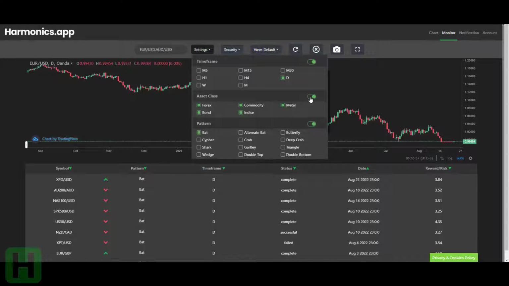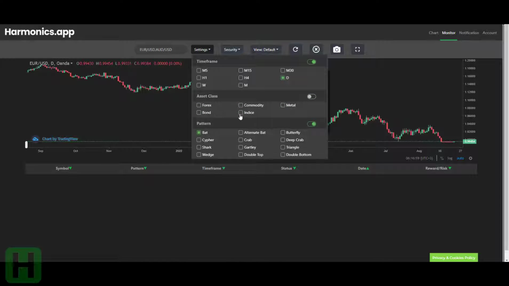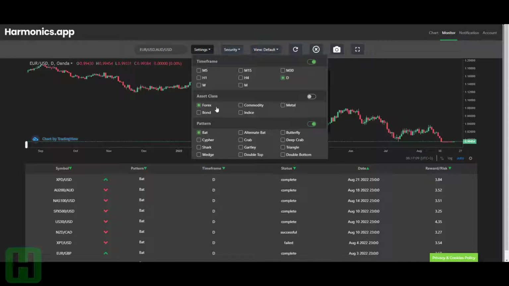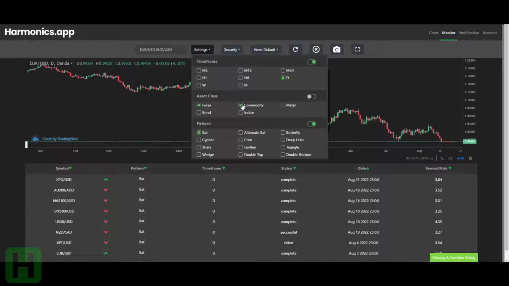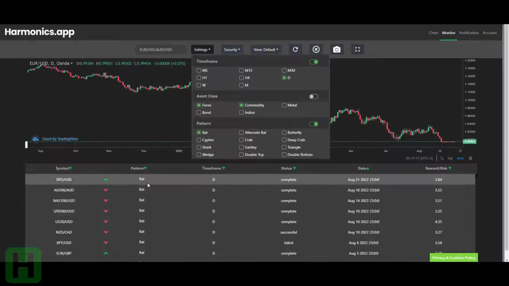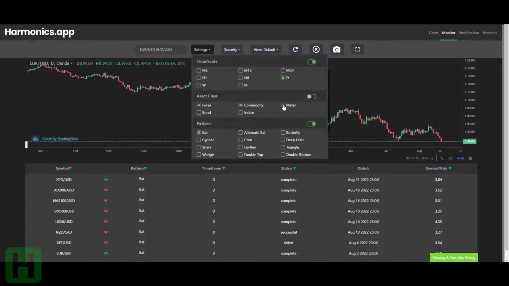As soon as you change the settings, the results will be visible below. So currently I have deselected all and there is nothing. Then if I check Forex, I will have only Forex symbols. If I put commodity, then there will also be a commodity list here. If I want metal, the metal will also be listed below, bonds and indices. But in this case, I will leave everything selected.